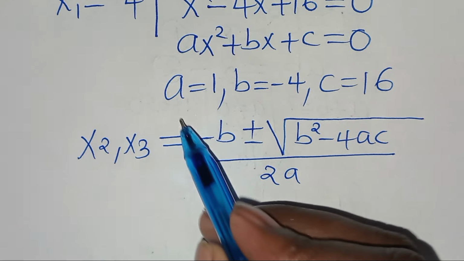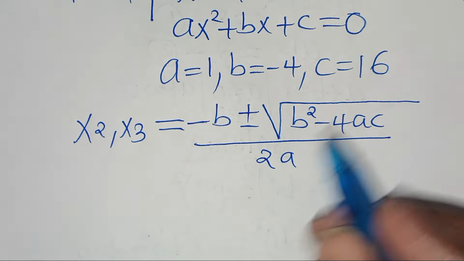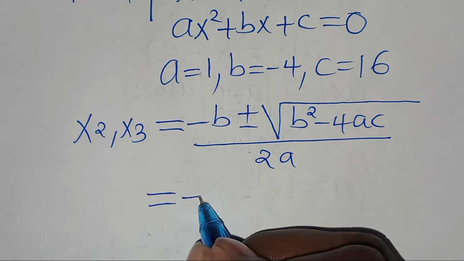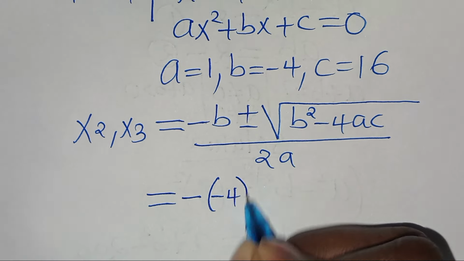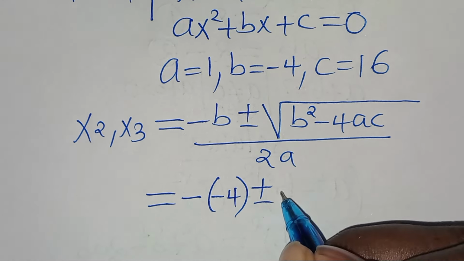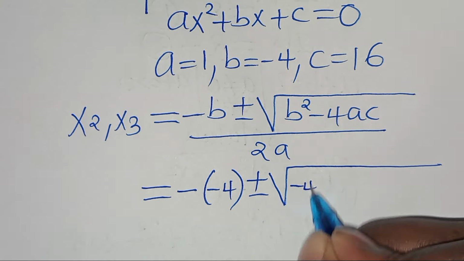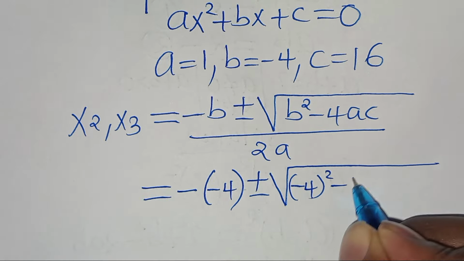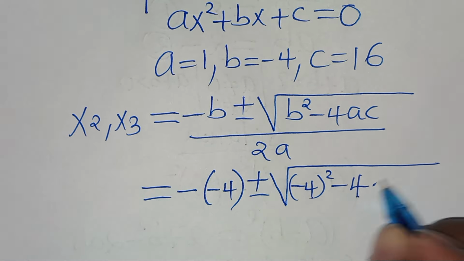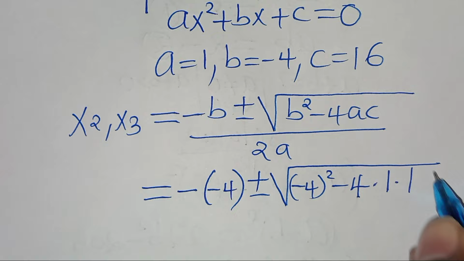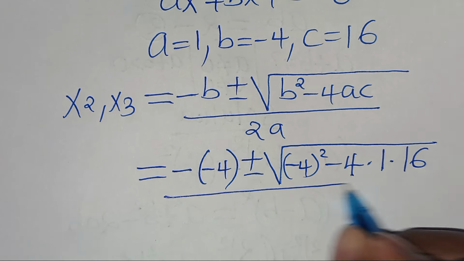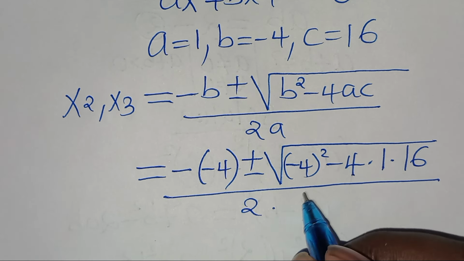Let's substitute the values of a, b, and c, so that now we have minus minus 4 plus or minus the square root of minus 4 squared minus 4 times a, which is 1, times c, which is 16, everything divided by 2 times a, which is 1.